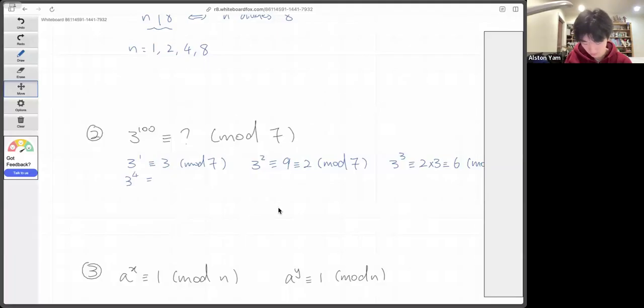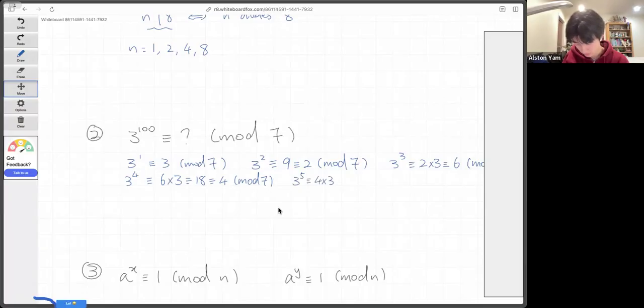We have 3 to the 4 is congruent to 6 times 3, and that is 18. We can compute that it is congruent to 4 mod 7, because 18 is 14 plus 4, and 14 is a multiple of 7. Let's keep going. 3 to the 5 is congruent to 4 times 3, which is 12, which is 5 mod 7.